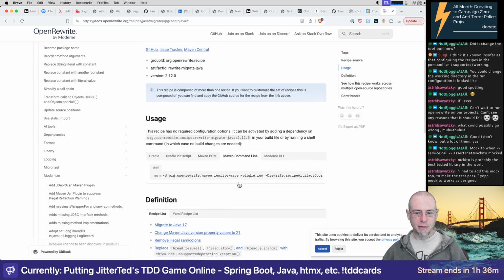All right, I'm just gonna run this from the command line because I'm not sure what the problem is. org.openrewrite.java.migrate, I'm just gonna run it.